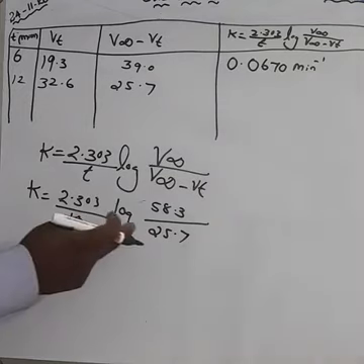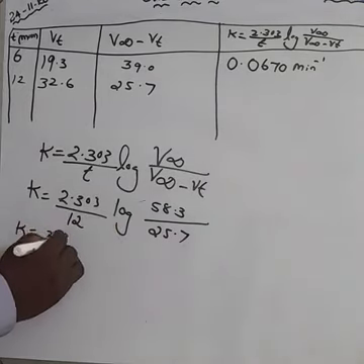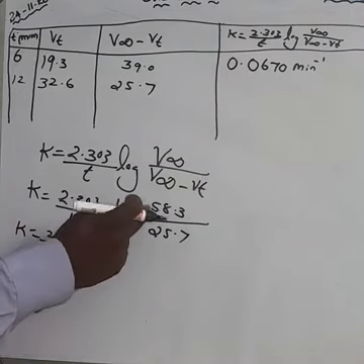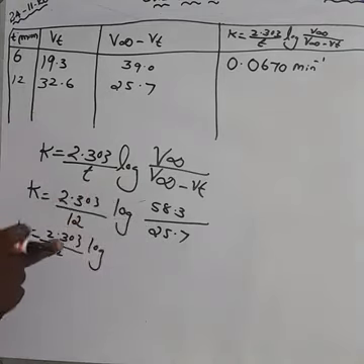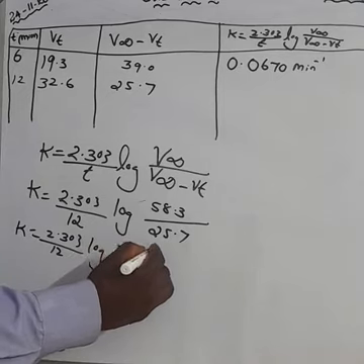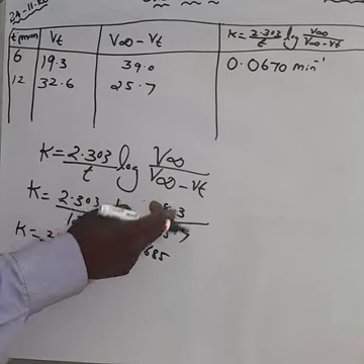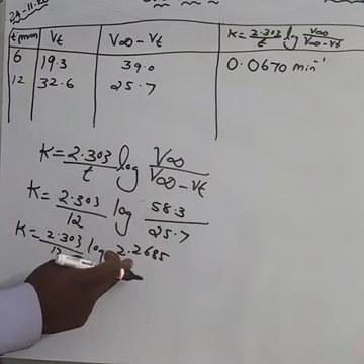So first we should divide this value. k is equal to 2.303 divided by 12 times log. When we divide 58.3 by 25.7, we get 2.2685.